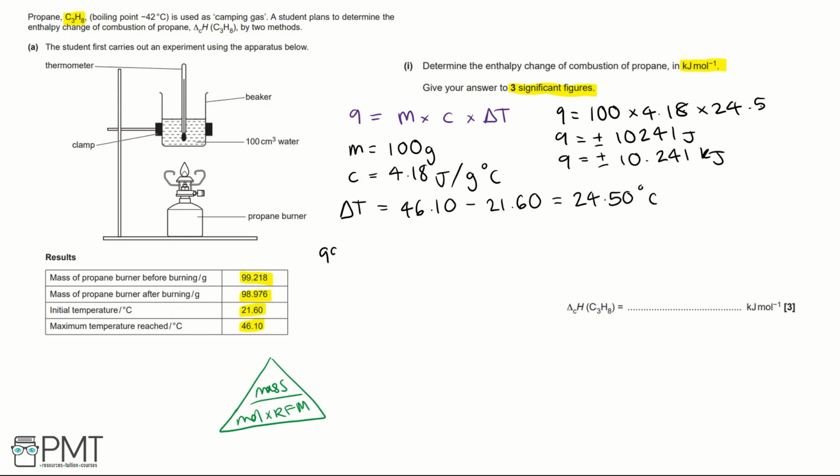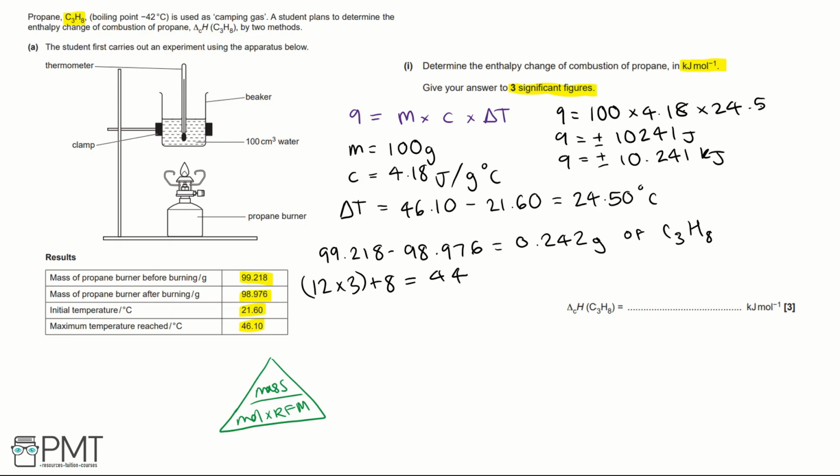That's going to be 99.218 minus 98.976, which equals 0.242 grams of propane, C3H8. And we can work out the relative formula mass of propane by doing 12 times 3 plus 8, which equals 44. Now we can work out moles by simply dividing them.